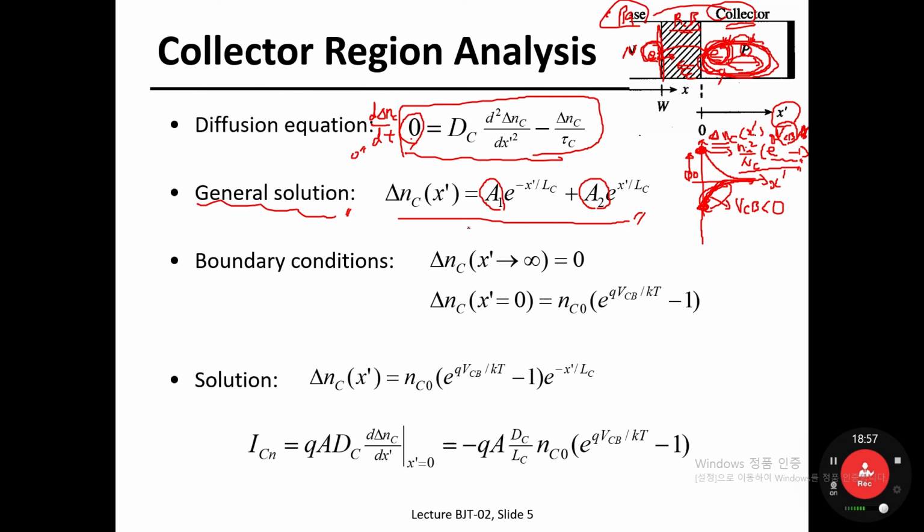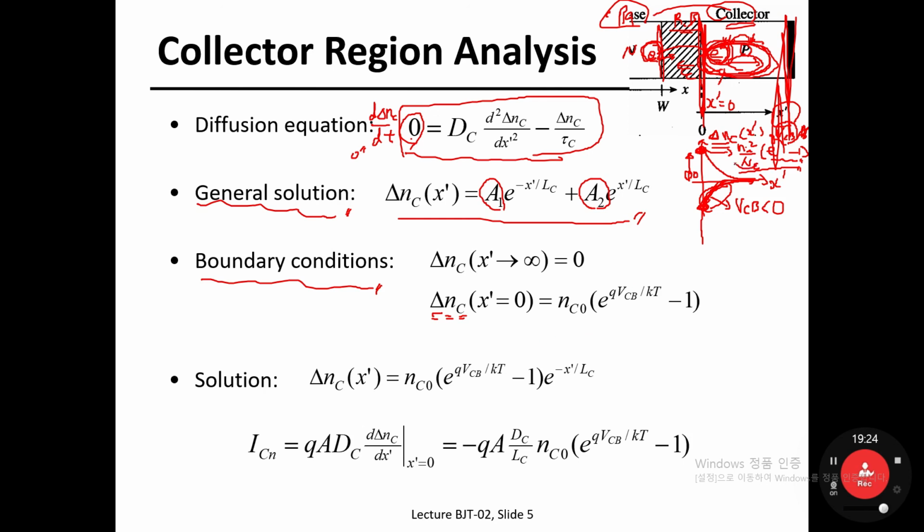So to know those two coefficients, we should set up the boundary conditions. So go back to the cross-sectional view again here, and the boundary is here or there. So at x prime of 0, how much excess electron concentration in the collector region is left behind?